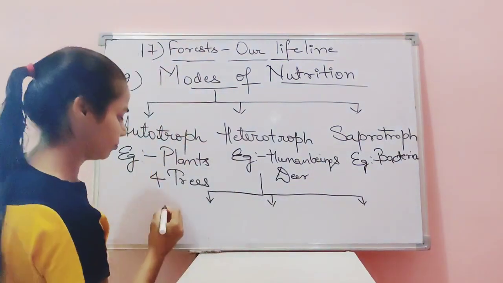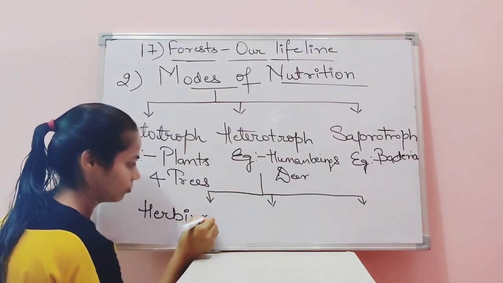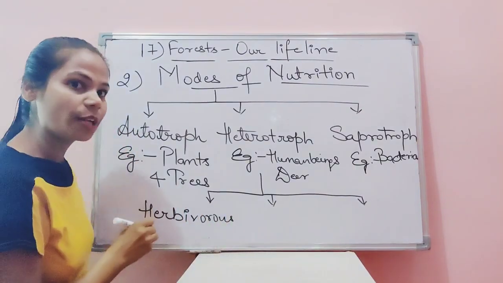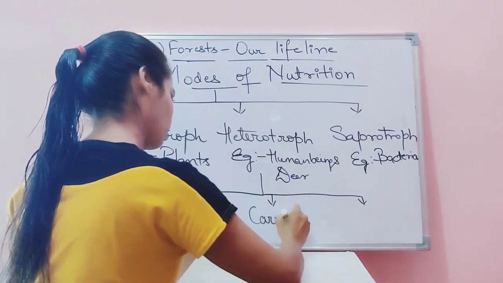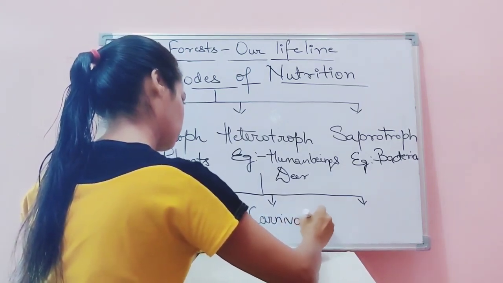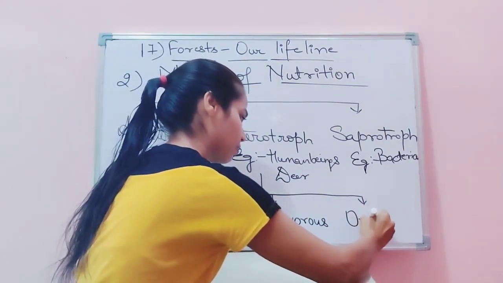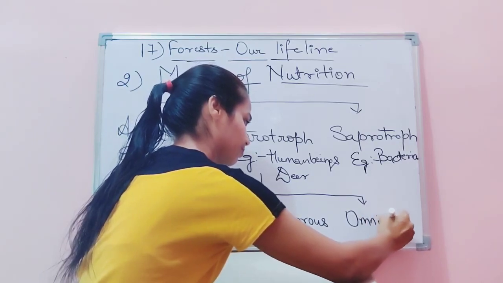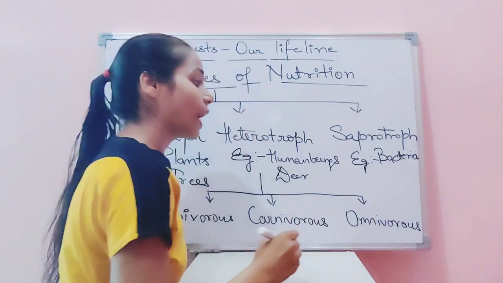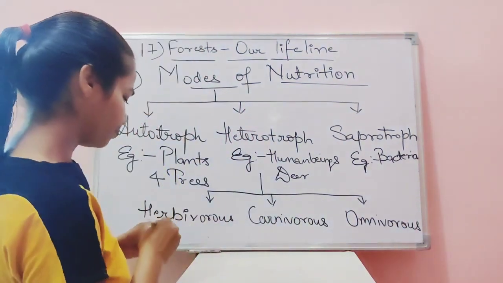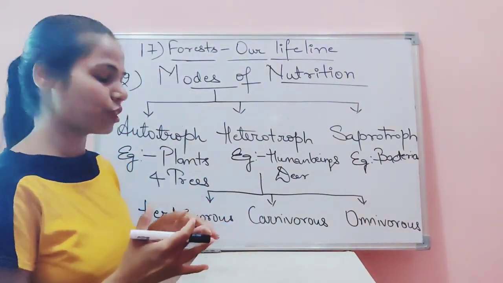They are herbivorous, carnivorous, and omnivorous. Okay. Now, starting with the first topic, what do we understand by herbivorous, children?